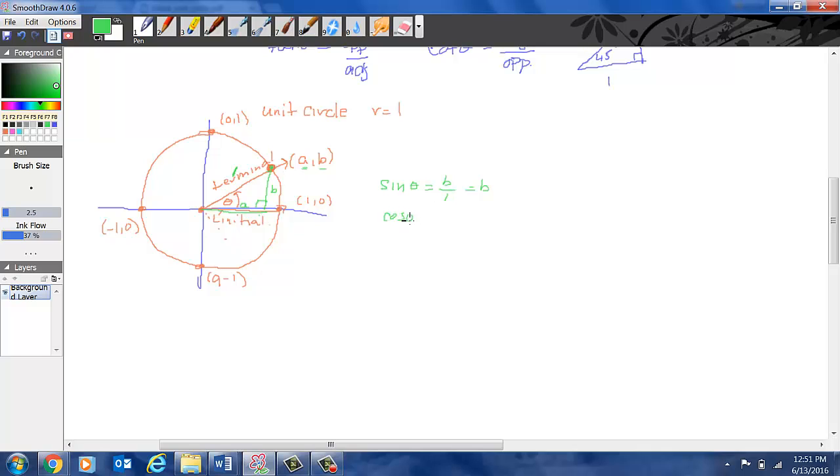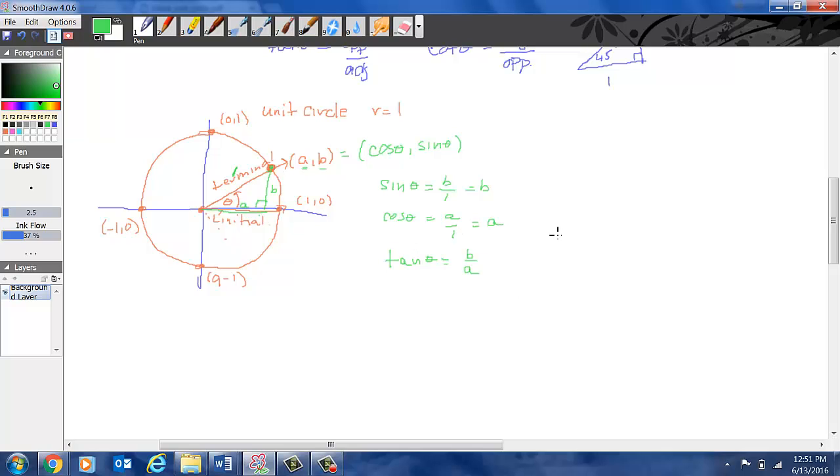Cosine theta would be adjacent, which in this case is a, over the hypotenuse, which is 1, or a. So really this ordered pair can be thought of as cosine theta, sine theta. And I can think of tangent theta as either sine theta over cosine theta or b over a.